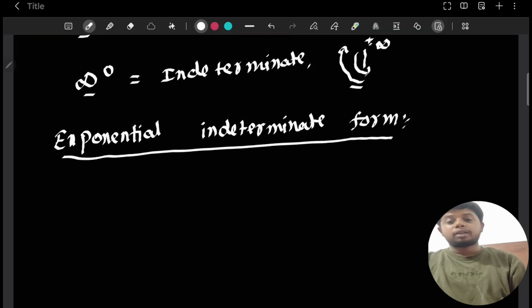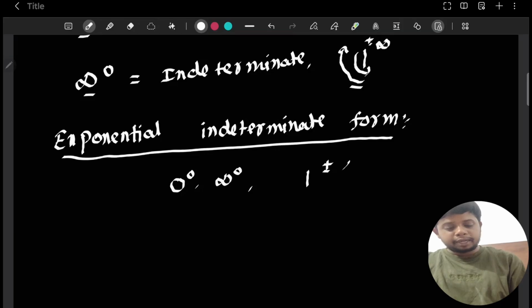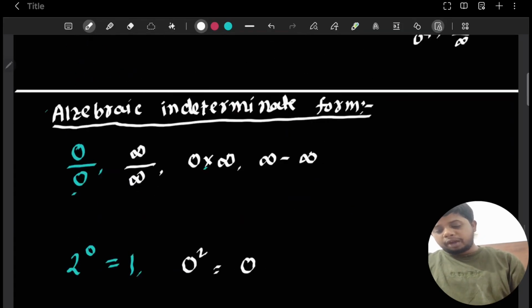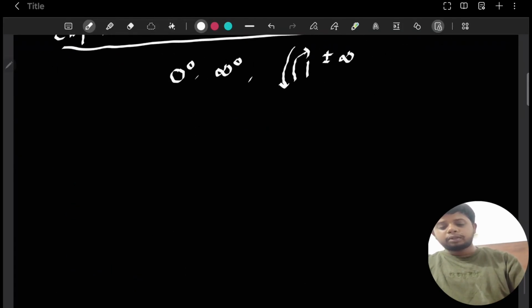So I'll say that is the case: 0 power 0, infinity power 0, and 1 power plus or minus infinity. See, this 1 will be tending to 1 from the right side and tending to 1 from the left side. We'll say okay. Good. If you understood from here, next let's move on.